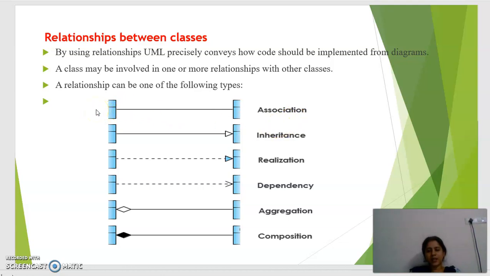There are many classes in the structural diagram of a class diagram, so how do we represent the relationships between them? There are a few types of relationships between two classes: association, inheritance, realization, dependency, aggregation, and composition.